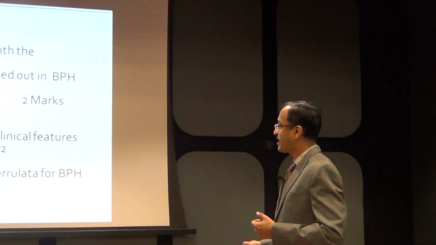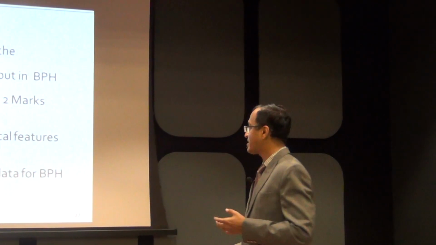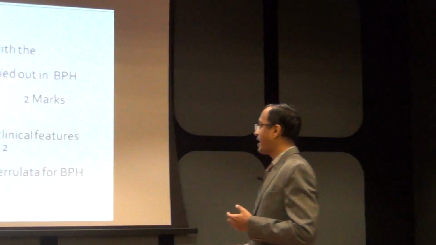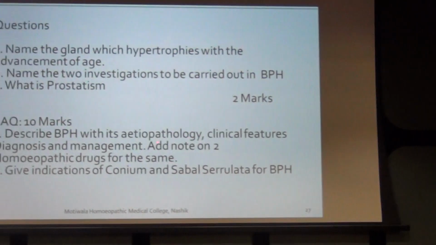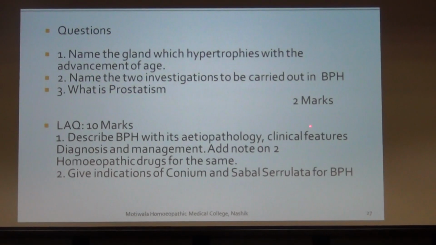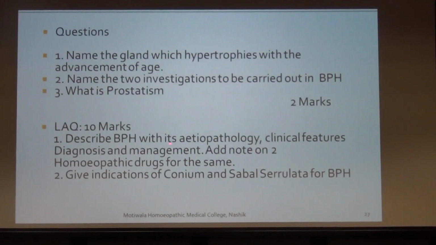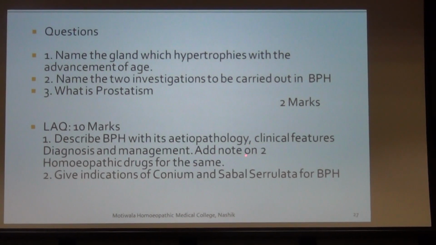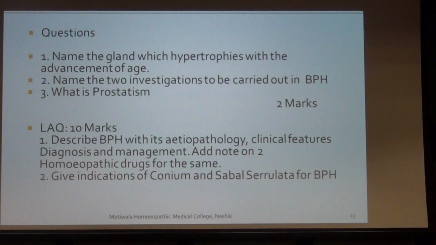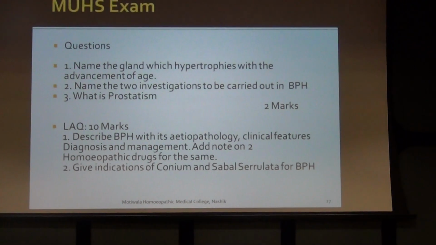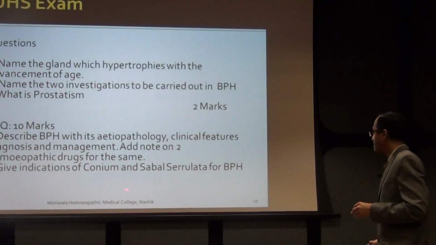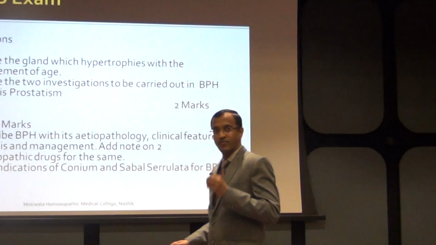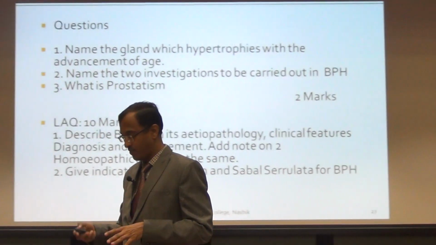Now one can ask an LAQ for 10 marks in the way: describe benign prostatic hypertrophy with its etiology, clinical features, diagnosis and management. And they may also ask to write a note on 2 homeopathic drugs for the same, like give indications of Conium or Sabal serrulata in cases of benign prostatic hypertrophy.